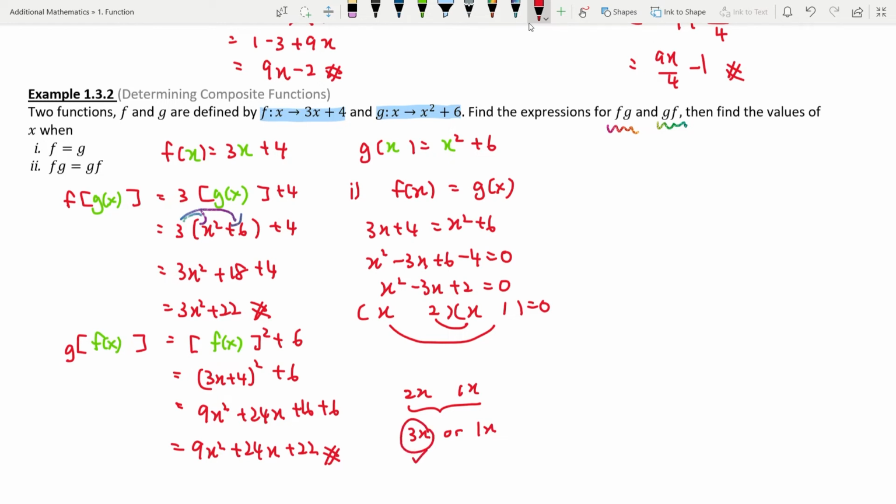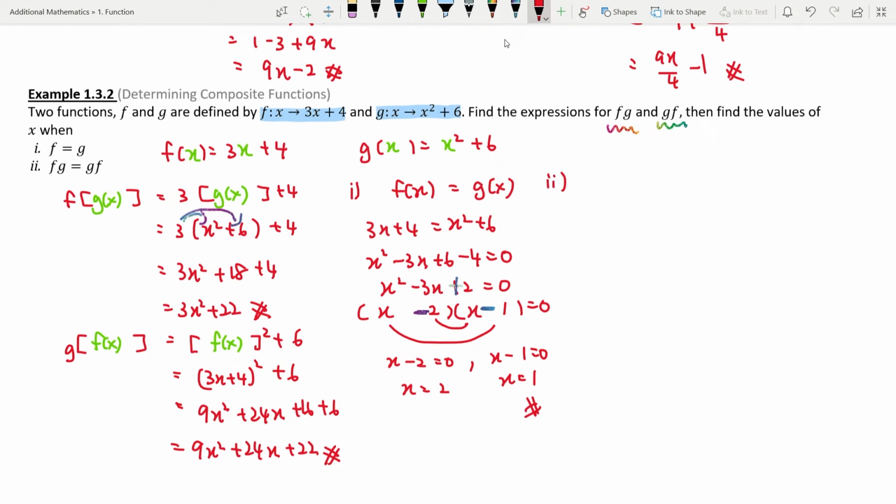This is the combination we need. To get negative 3, we need to have negative 2x, negative x. And lastly, we need to check negative and negative. We will get a positive over here. x minus 2 is equal to 0, x equal to 2, or x minus 1 equal to 0, x equal to 1.